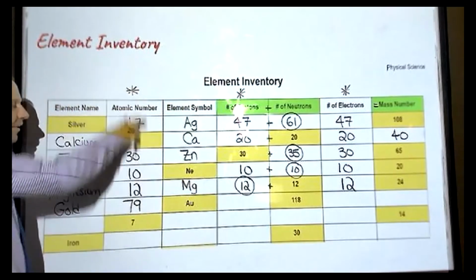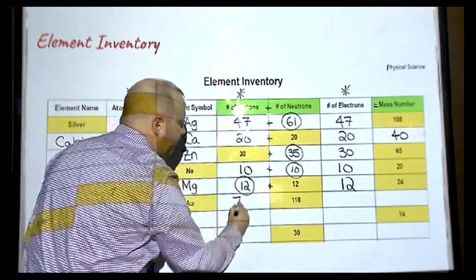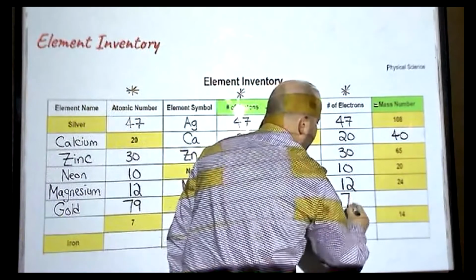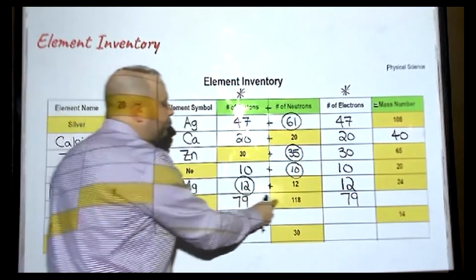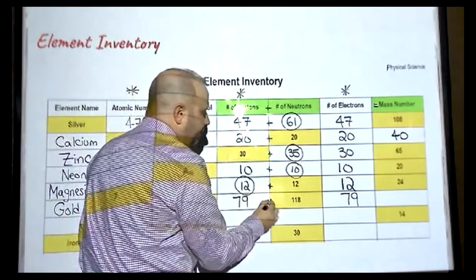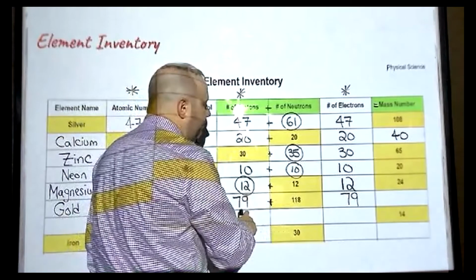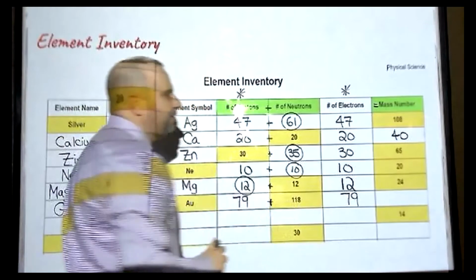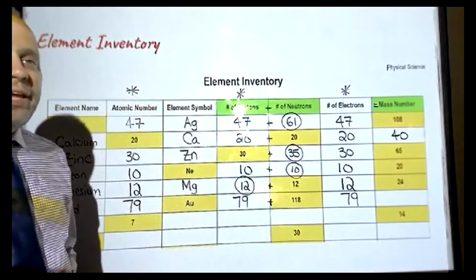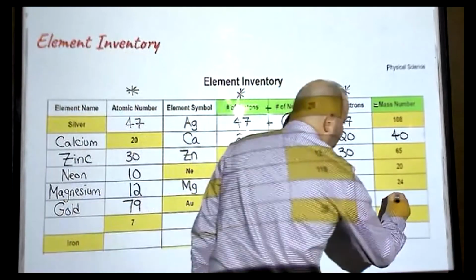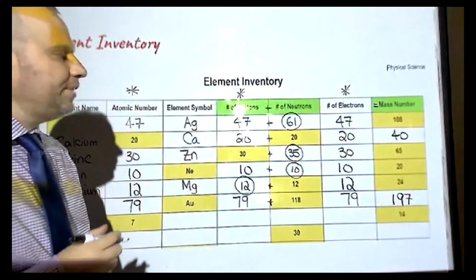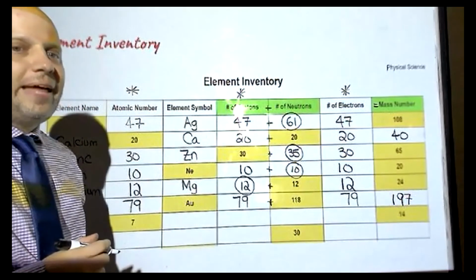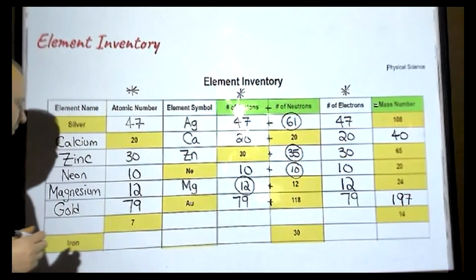So that 79 that's here, that's going to go here. It's also going to go here. These two pieces get added together, 79 plus 118. We wind up with a total of 197. That is our mass number.